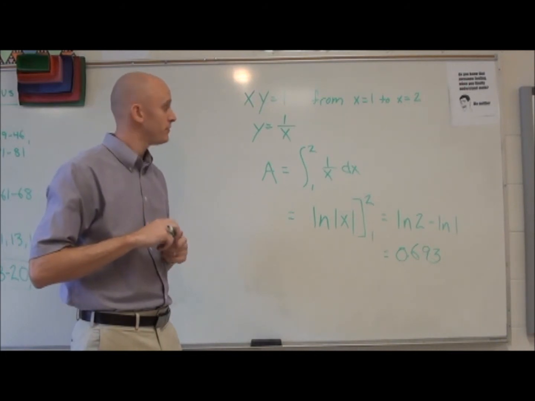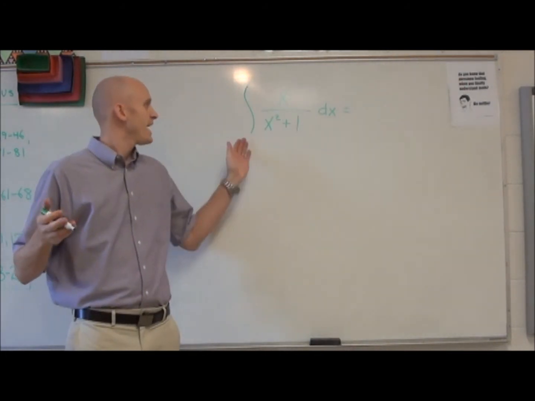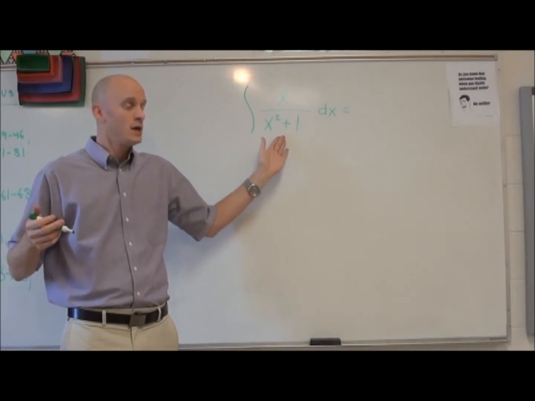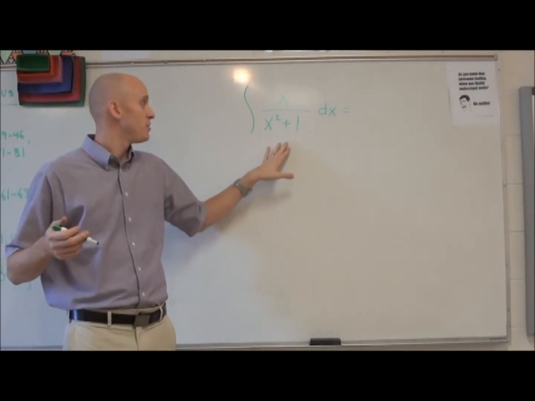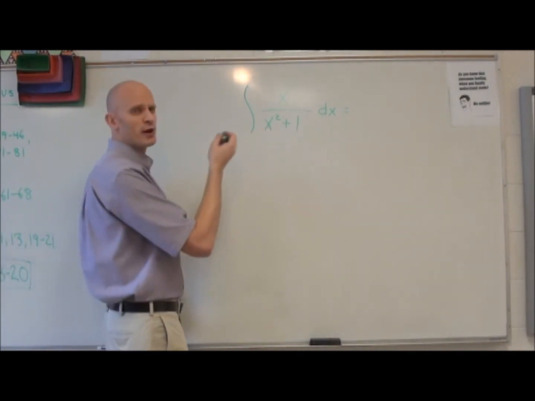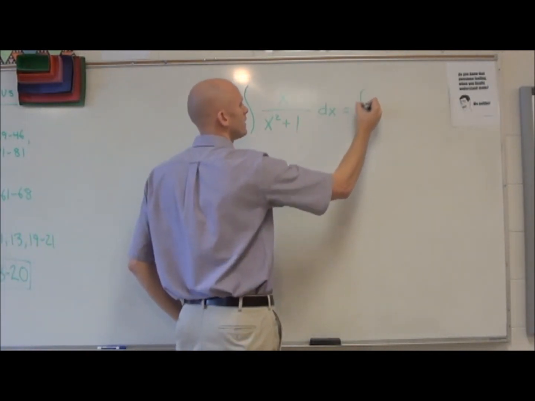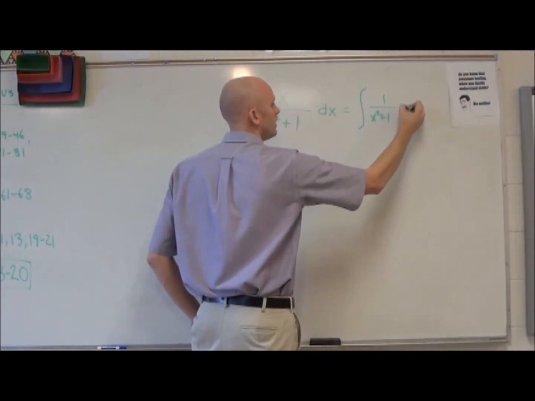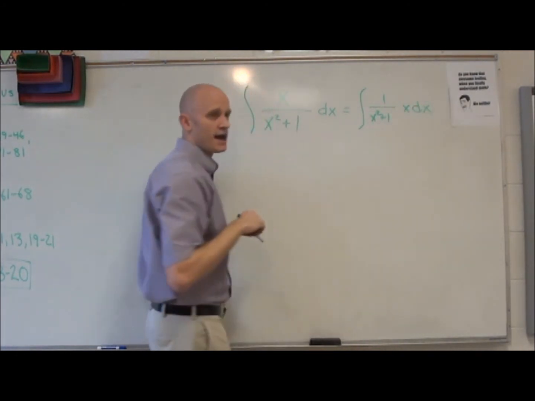Area under the curve. For our next example, we're going to find the antiderivative of x over x squared plus 1. So, finding this value, I'm going to use a u substitution, and I'm going to rewrite this quickly here. It will be 1 over x squared plus 1 multiplied by x dx.